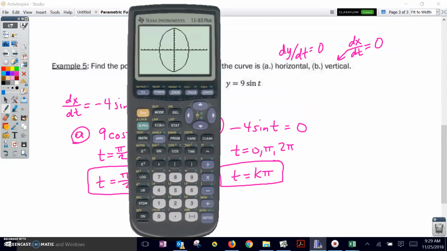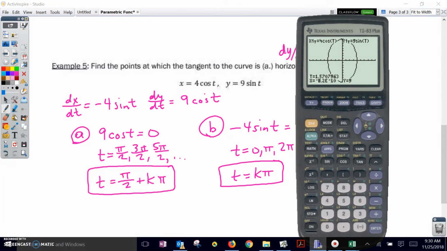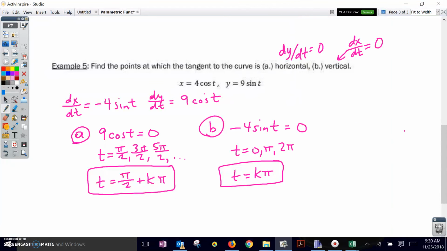And if I trace this graph at time 0, you can see there's a vertical tangent to the line there. And if I trace this around, we go to a horizontal tangent up at the top here at pi over 2. And if I keep tracing it around, you can see those repeating vertical and horizontal tangents along the curve. But that's how we're going to find out where that happens algebraically.